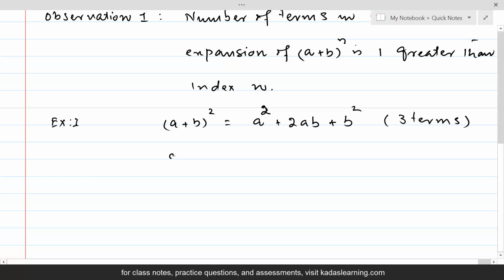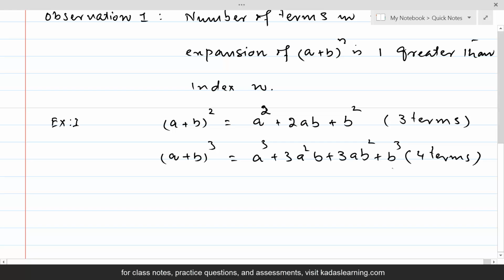Similarly, if you expand (a plus b) power 3, this would be a cube plus 3a square b plus 3a b square plus b cube, which contains 4 terms. This is the 1st term, 2nd term, 3rd term, and the 4th term. But the index is 3. So the number of terms in any binomial expansion would be 1 greater than the index.